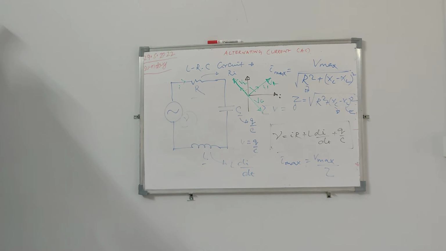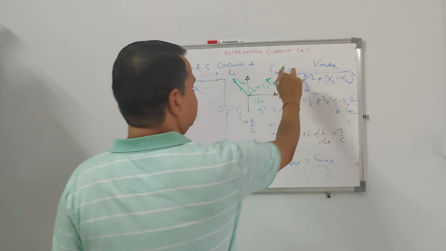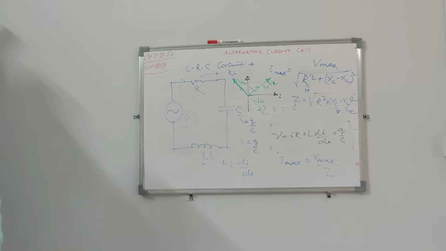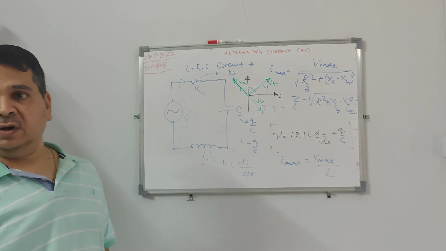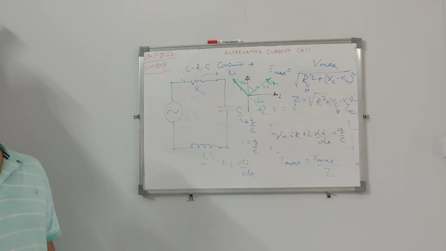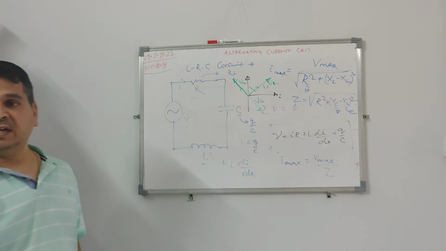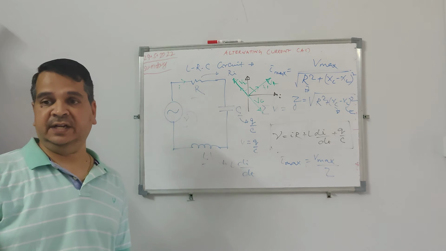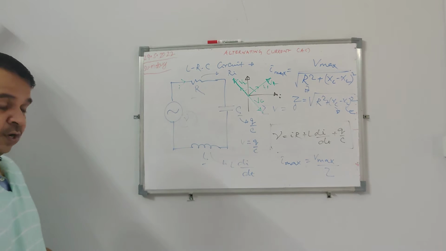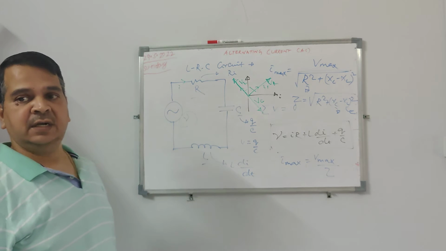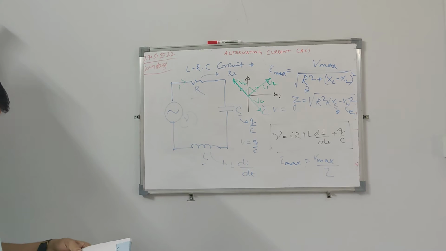These are all the same current, so let the current be the reference. With respect to current, what angle the resulting voltage will make depends on the relative magnitude of XL and XC, or the voltage drop across the inductance and the capacitance.